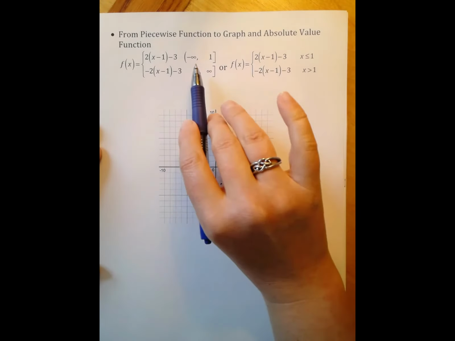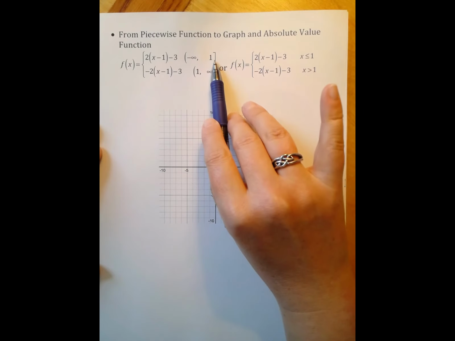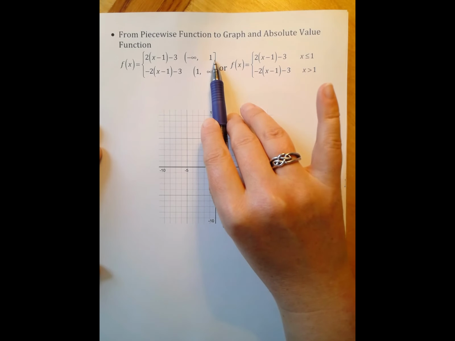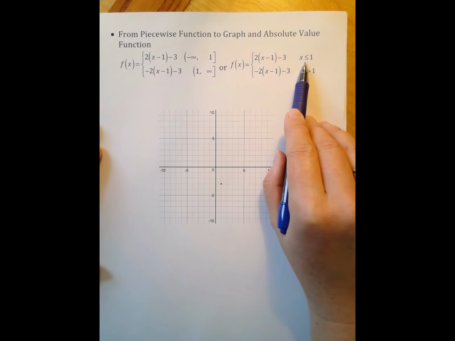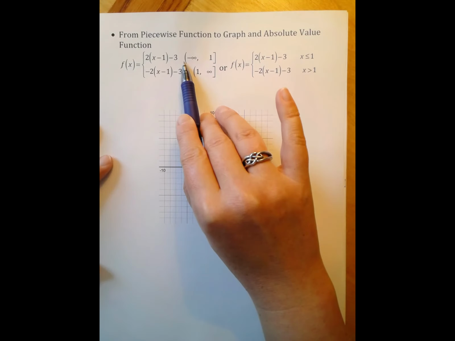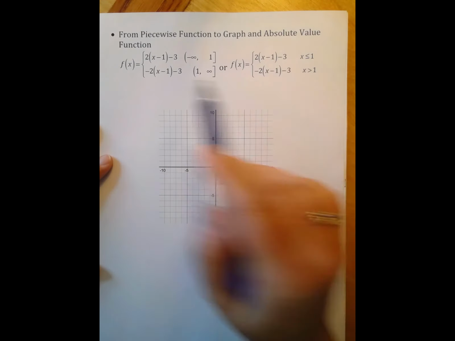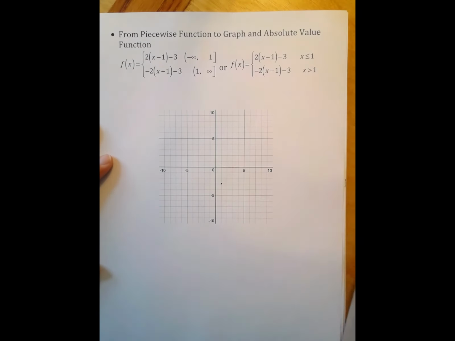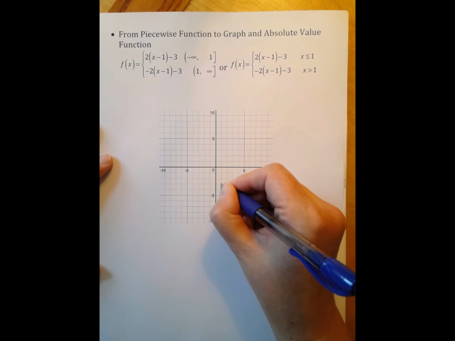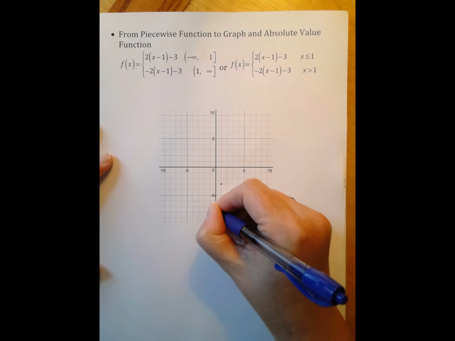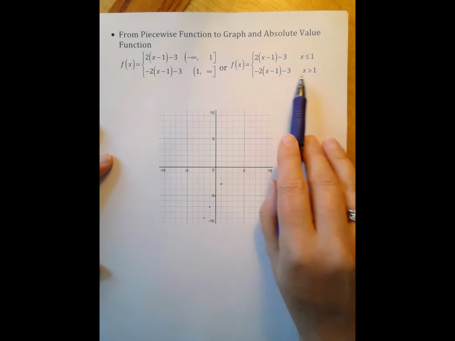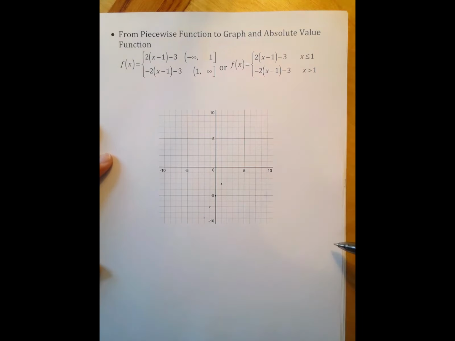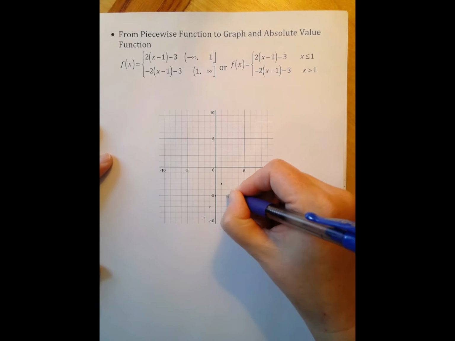And it looks like for the first half of my function, this is actually the left-hand side, that I'm going smaller than or equal to 1, that I'm coming from -infinity. And so I have a positive slope for that portion. So a positive slope of 2 looks like this. Where for the second portion, where I'm starting at 1 and going positive, I have a negative slope.